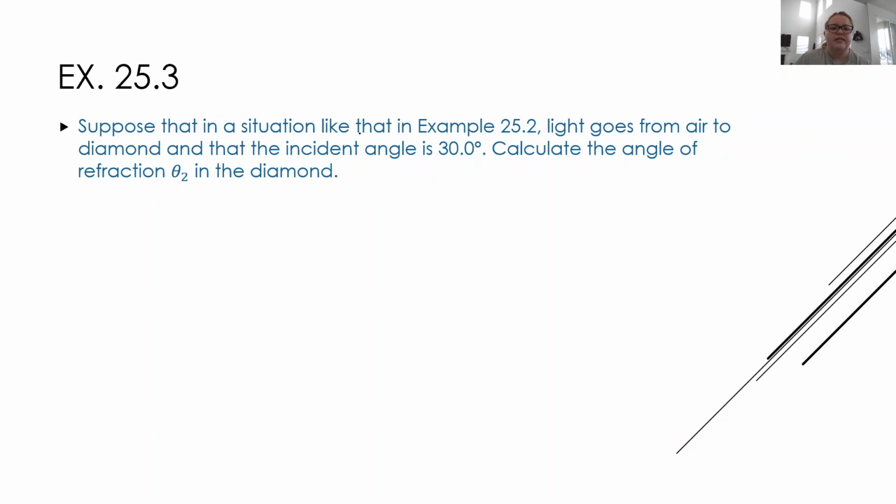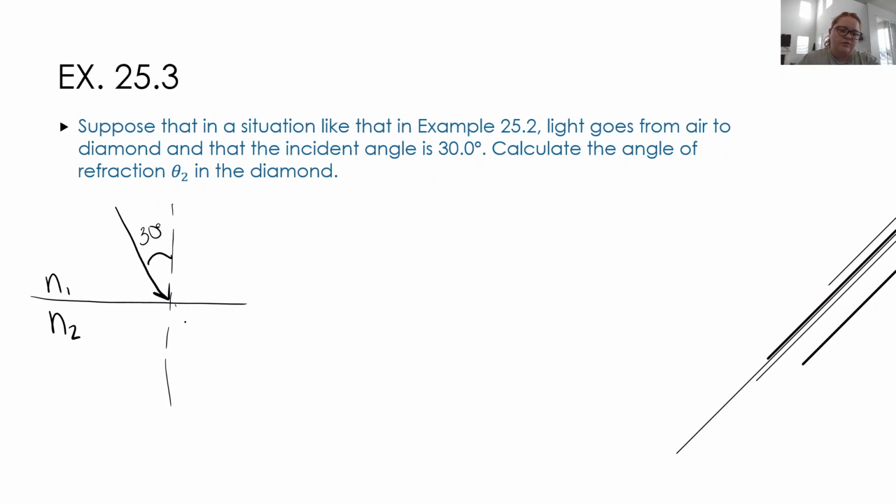Suppose that in the situation we just saw, light goes from air to diamond, where we have an incident angle of 30 degrees. Calculate the angle of refraction, theta 2, in the diamond. We're going to have something similar. We have air as n1, n2, and it again goes in at 30 degrees.